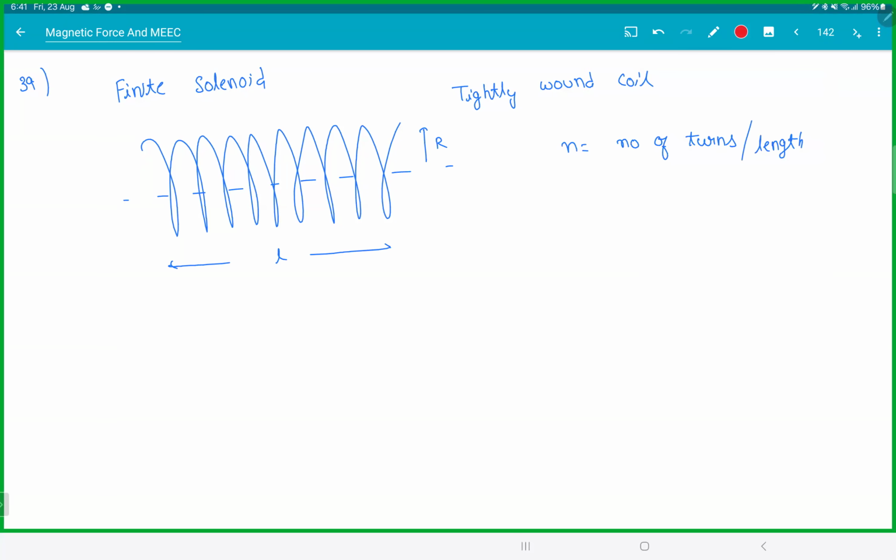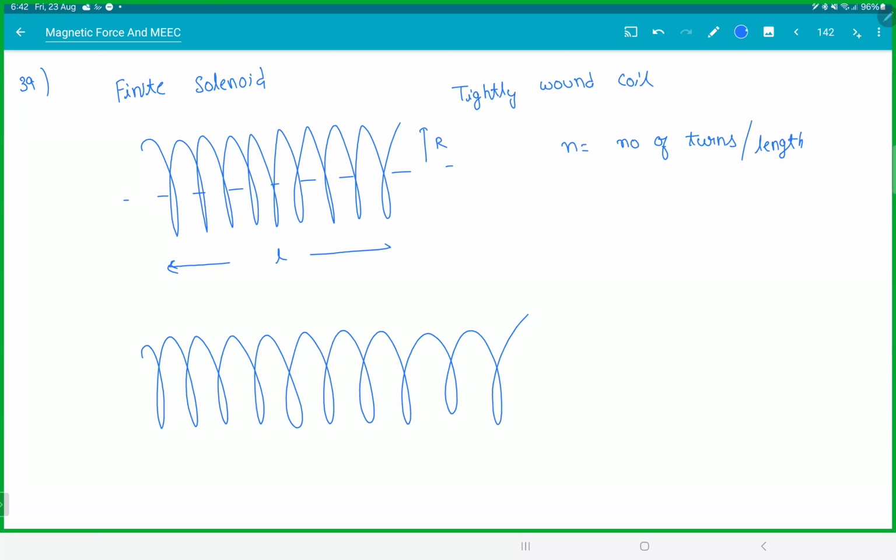Let's take a coil like this. This is the point O. From here, if you go to this corner, and if you go to this corner with the vertical line, let this angle be alpha and let this angle be beta.